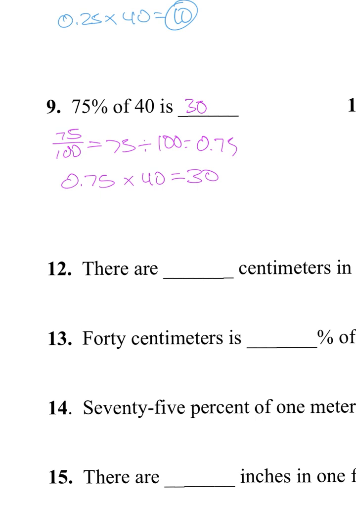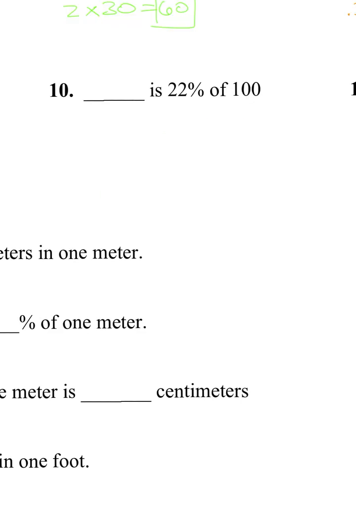Okay, on to number 10. So on number 10, we got blank is 22% of 100. So we got to take 22% and put that over 100. So now we're going to go 22 divided by 100, and 22 divided by 100 is 0.22, or 22 hundredths.